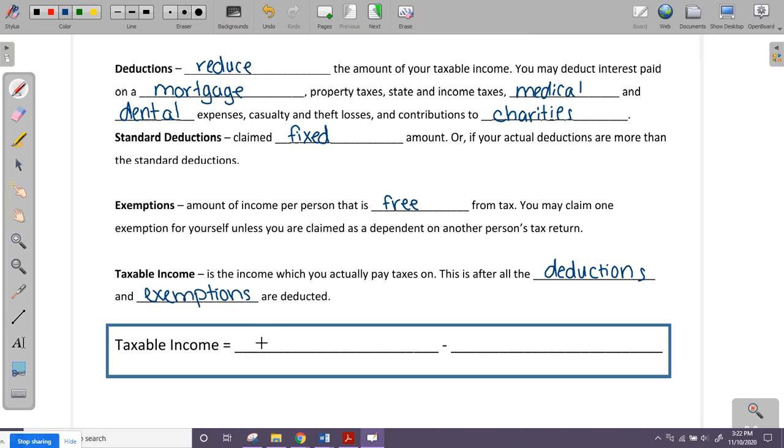So the formula for taxable income is you take your adjusted gross income and you subtract out your deductions and your exemptions.